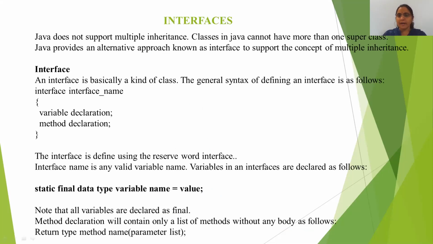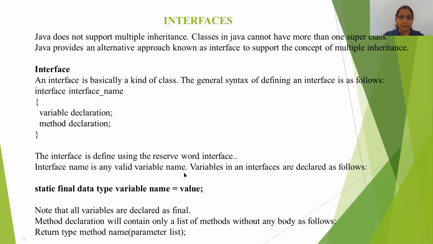As in the first part, I have already told you that Java does not support the concept of multiple inheritance, means you cannot directly implement the concept of multiple inheritance. So instead of that, you can use a new concept, and that concept is called the interface.